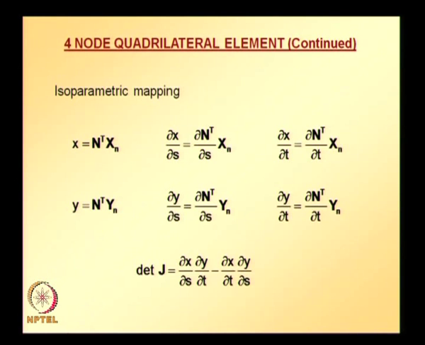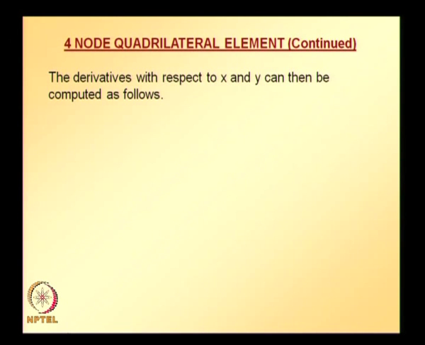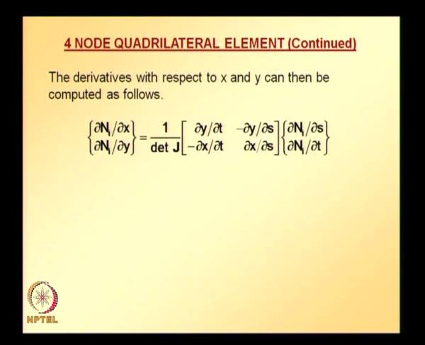And derivatives with respect to x and y can be computed once we know the determinant of the Jacobian. We can compute the derivatives of shape functions with respect to x and y once we know the derivatives of shape functions with respect to s and t, because on the right hand side we have the partial derivatives of shape functions with respect to s and t, and that vector can easily be computed because shape functions are in terms of parent coordinates s and t.